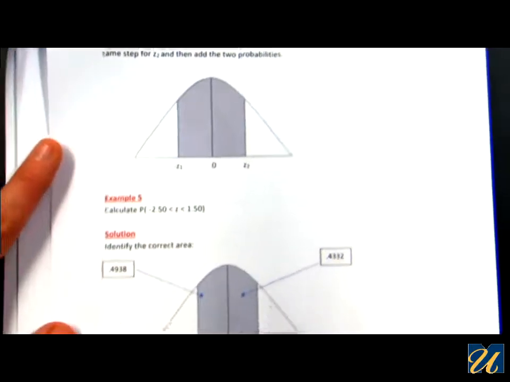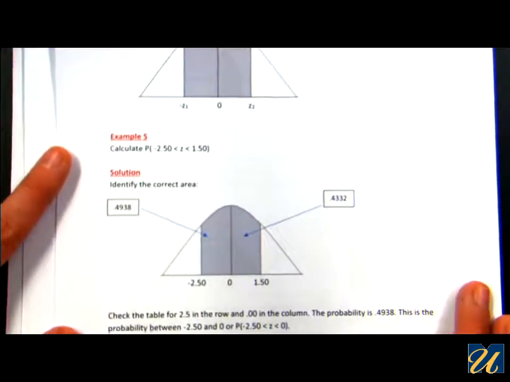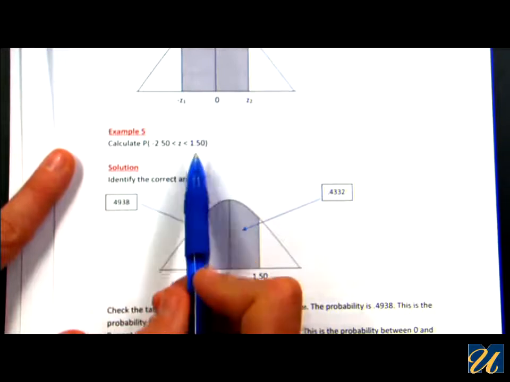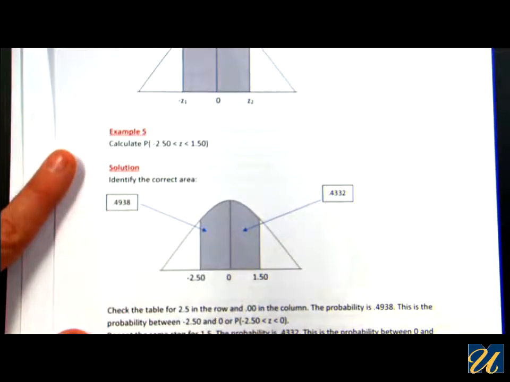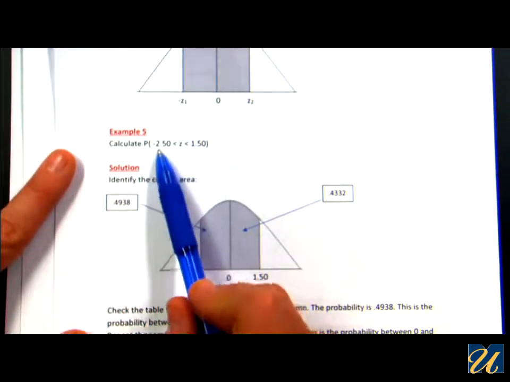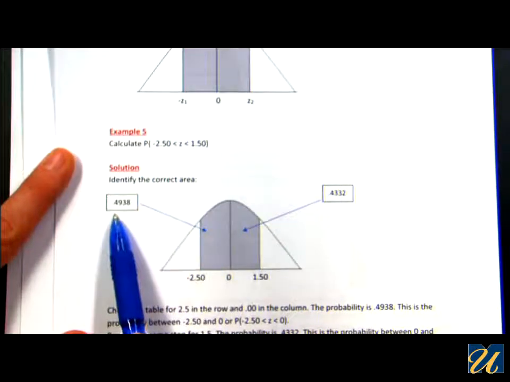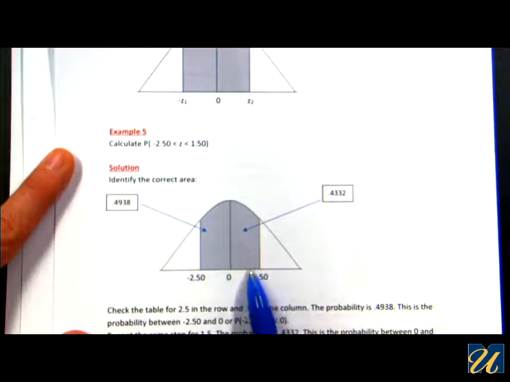probabilities. So let's say we wanted to find the probability where the z-score is between negative 2.5 and 1.5. So you go to your table, you take the absolute value for negative 2.5, which is 2.5, you check your probability. This will give you a probability of 0.4938. Then you go to the z-table again, you check for the corresponding probability for a z-score of 1.5.